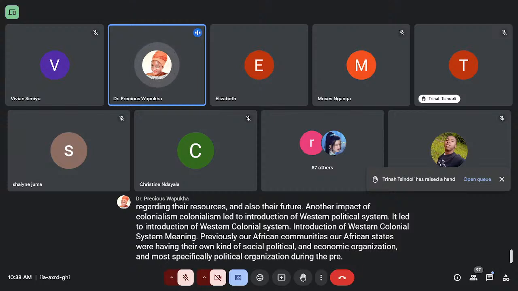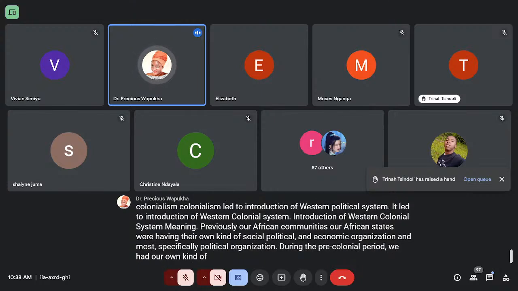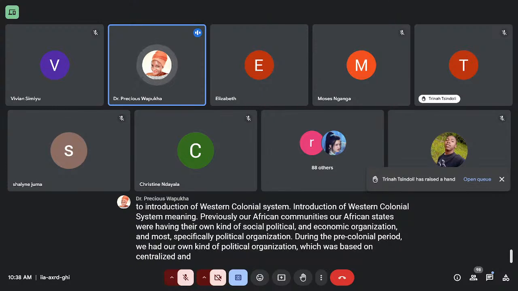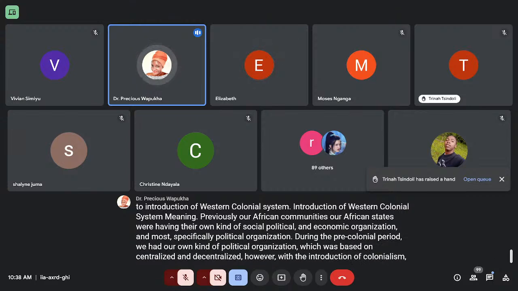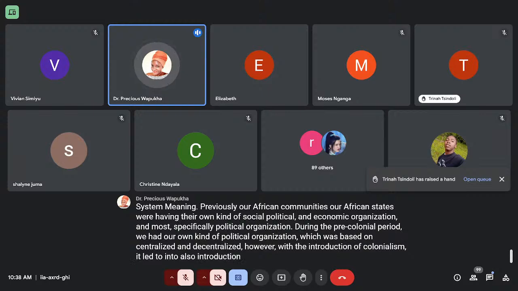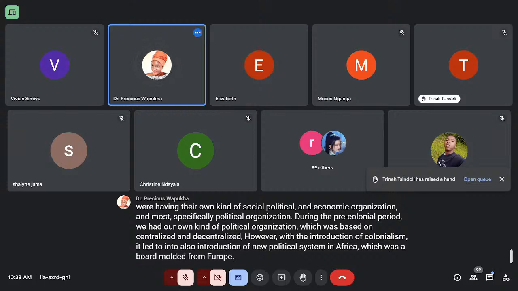During the pre-colonial period, we had our own political organization, which was centralized and decentralized. However, colonialism introduced a new political system in Africa, which was a borrowed European model.